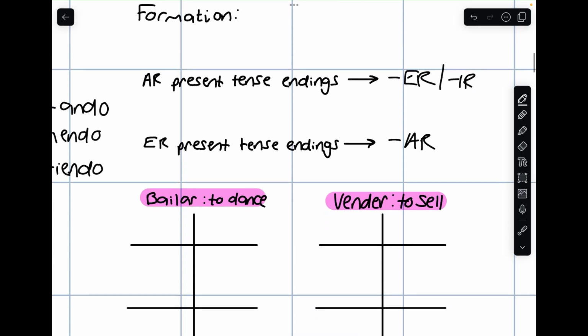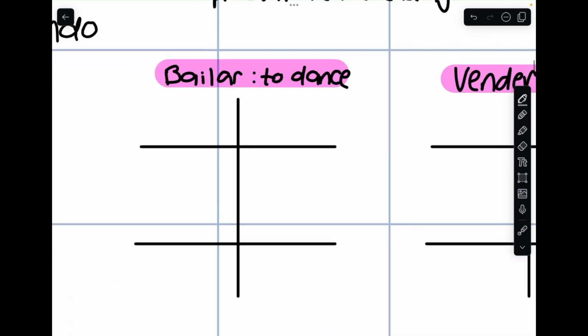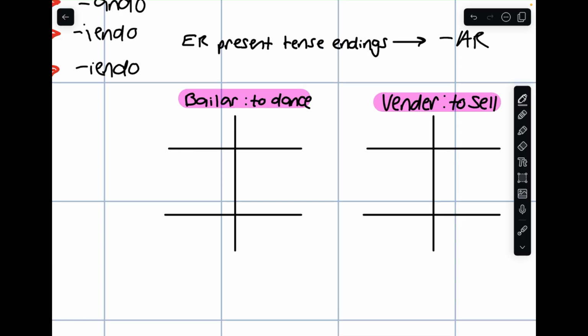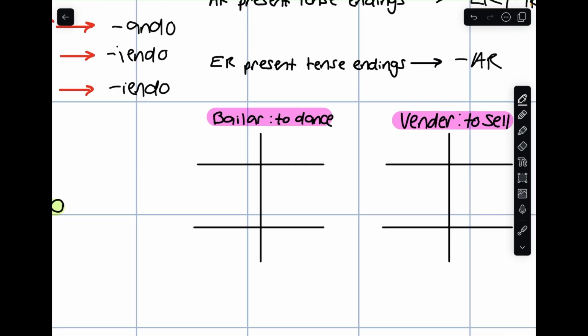Now, this is all quite confusing, so to practice, we're going to try with bailar. If you want, pause the video now and have a go at conjugating bailar into the present subjunctive down below. So, bailar in the present subjunctive is an AR verb, so I'm going to use the ER present tense endings. So it'll look something like this.